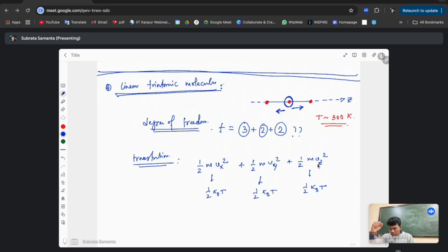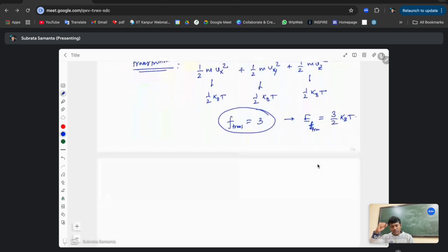So therefore, the total E, if the translational degree of freedom is 3, right? And the energy for translation is basically 3/2 kBT.